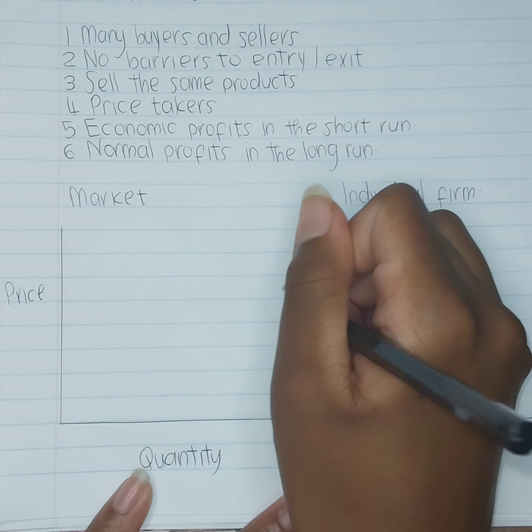There are many buyers and sellers, so the market will bring all those buyers together with the sellers. And where they meet, the market will create what we call an equilibrium price, an equilibrium point that has a price and a quantity.